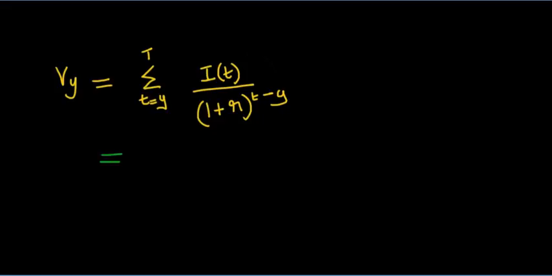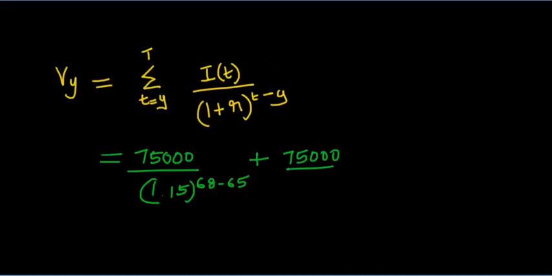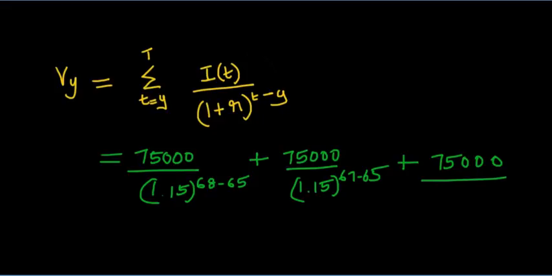Applying the formula for a single skilled worker, we get 75,000 divided by (1 plus 0.15) the whole raised to 68 minus 65, plus 75,000 divided by (1 plus 0.15) the whole raised to 67 minus 65, plus 75,000 divided by (1 plus 0.15) the whole raised to 66 minus 65.